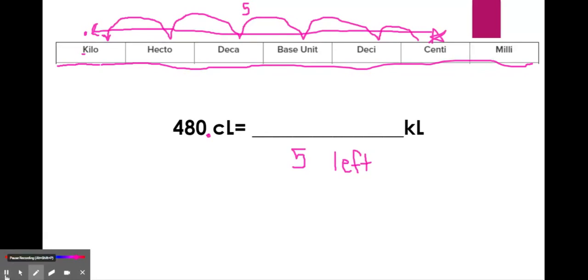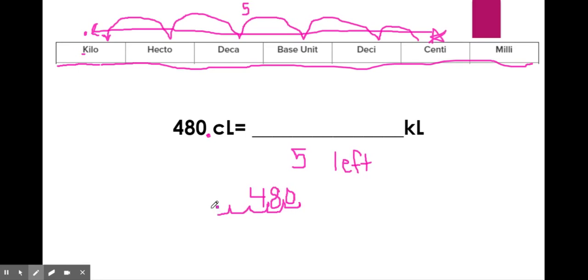Next, we're going to move the decimal the same number of spaces in the same direction that we moved on our chart. We have 480. We rewrite it with our decimal, and now we're going to move the decimal to the left. 1, 2, 3, 4, 5.